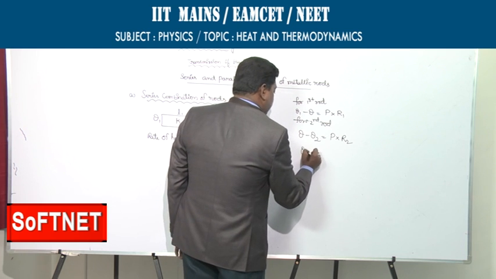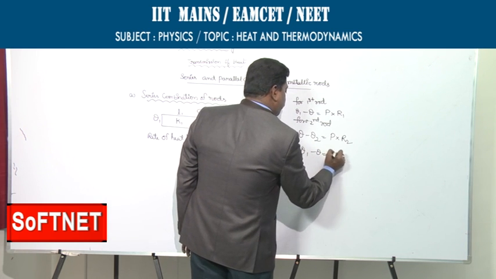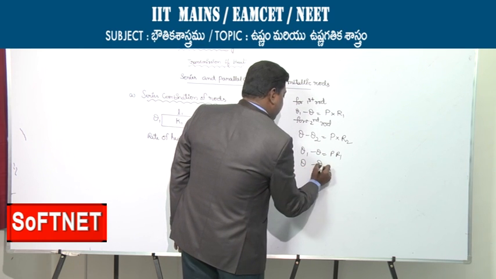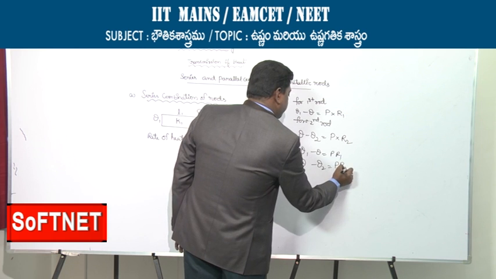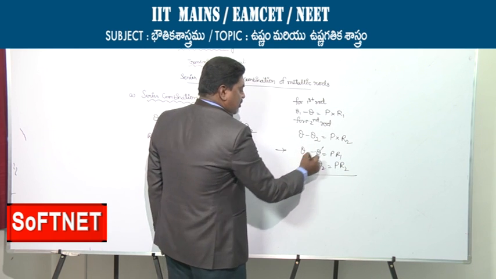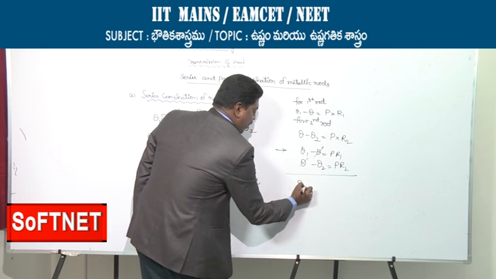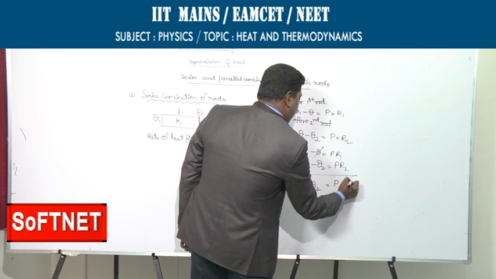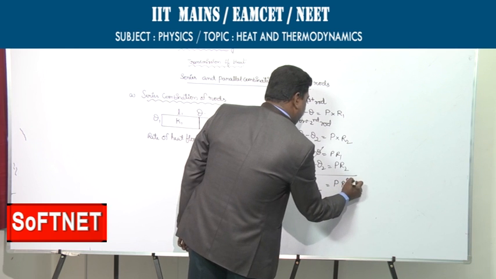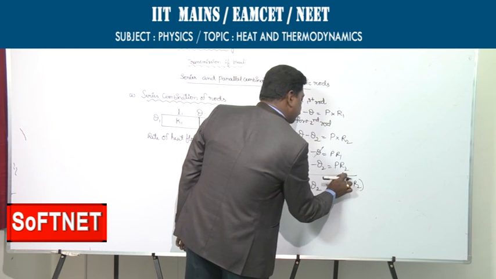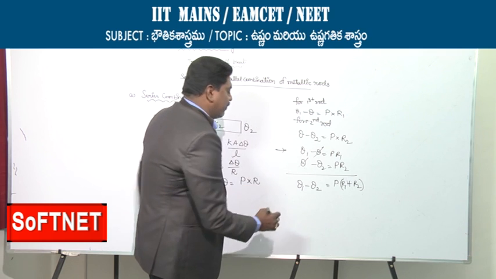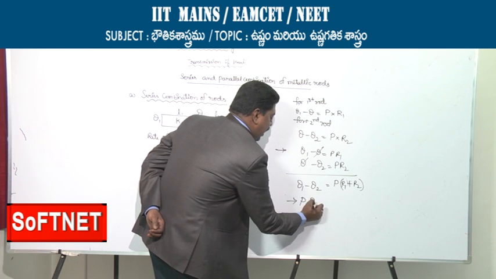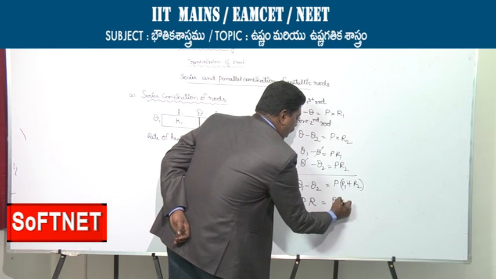Adding both the equations, theta 1 minus theta equals P R1, theta minus theta 2 equals P R2, we get theta 1 minus theta 2 equals P into (R1 plus R2), as theta minus theta gets cancelled. Now theta 1 minus theta 2 I can write as power into capital R, so P into R equals P into (R1 plus R2).